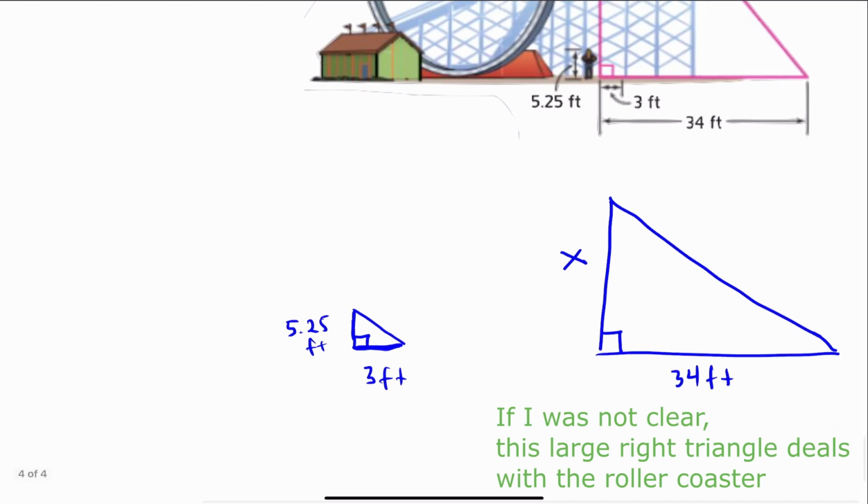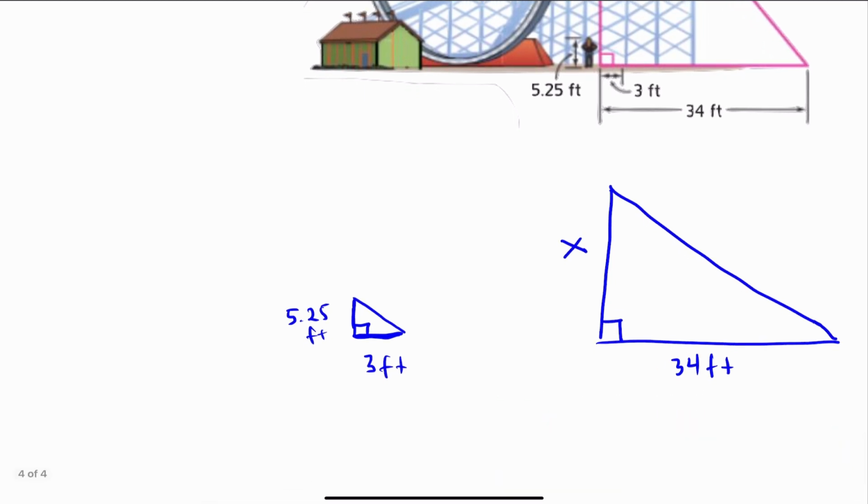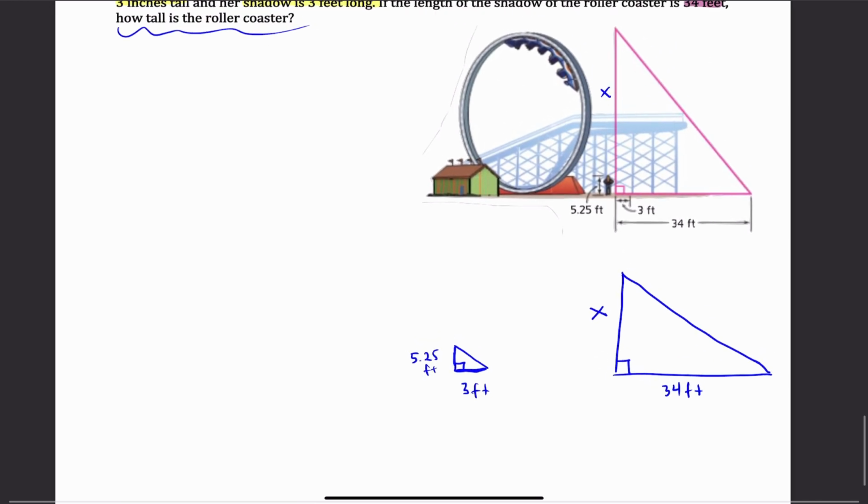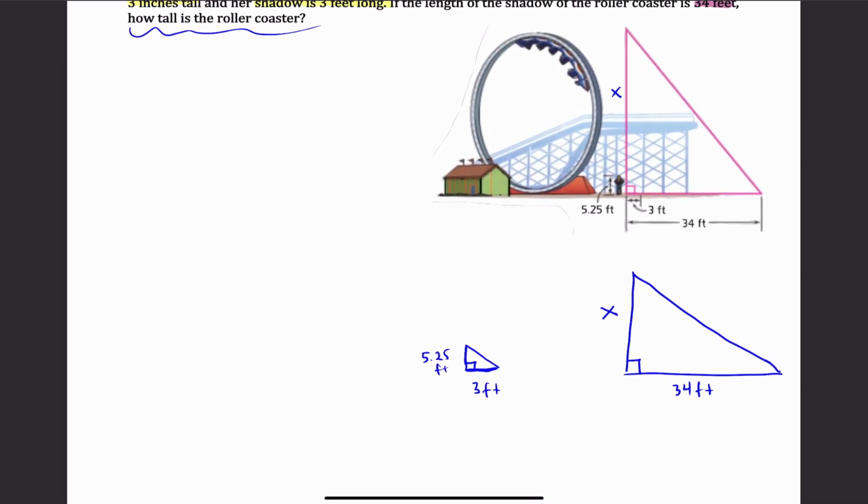So then what do I have? I can create a ratio. I'm going to go from height to height, and I'm going to equal that to shadow. So I have 5.25 over X, and I equal that to 3 over 34.